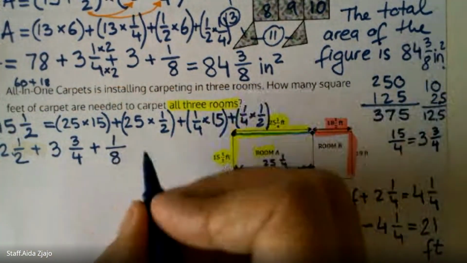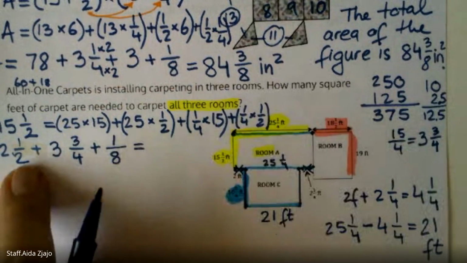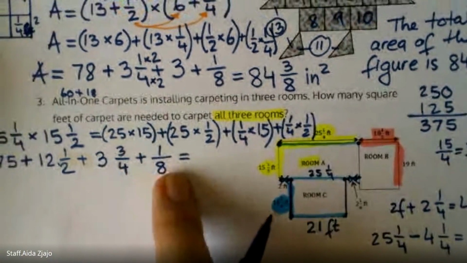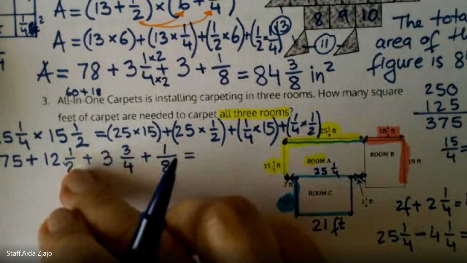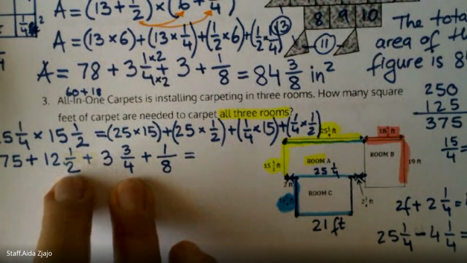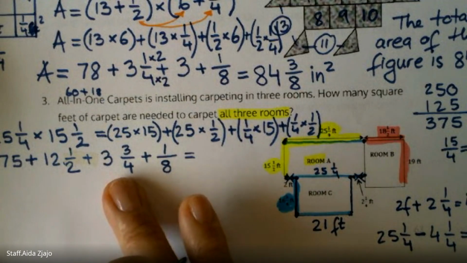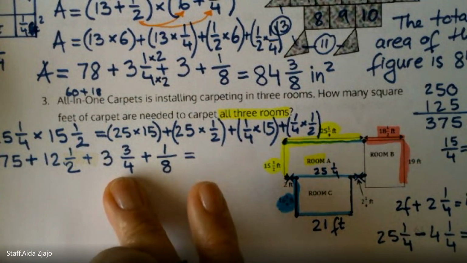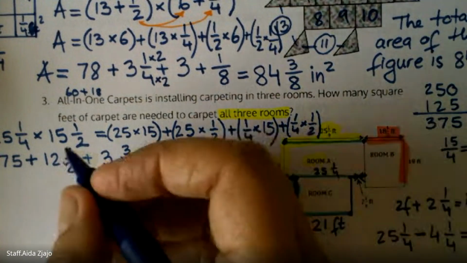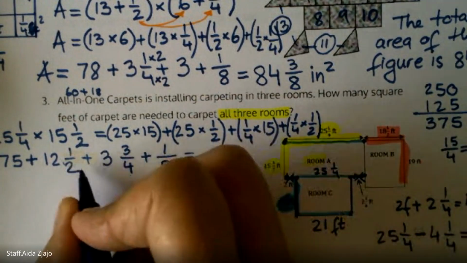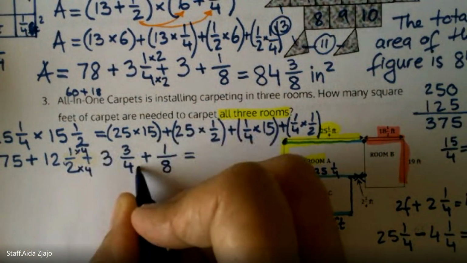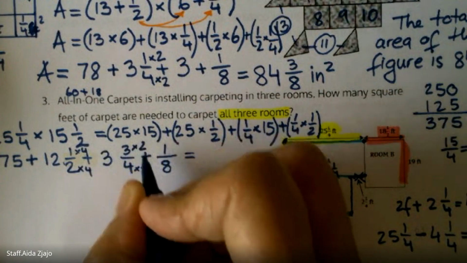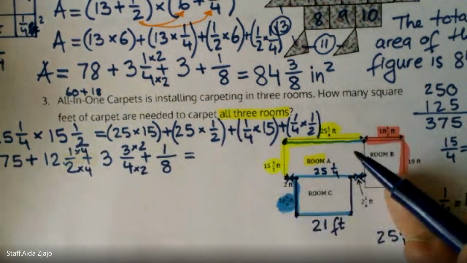I'm going to change now the 1/2 and 1/4 into eighths. Let's change everything into 8ths, so 4/8 and 2/8 and so on.